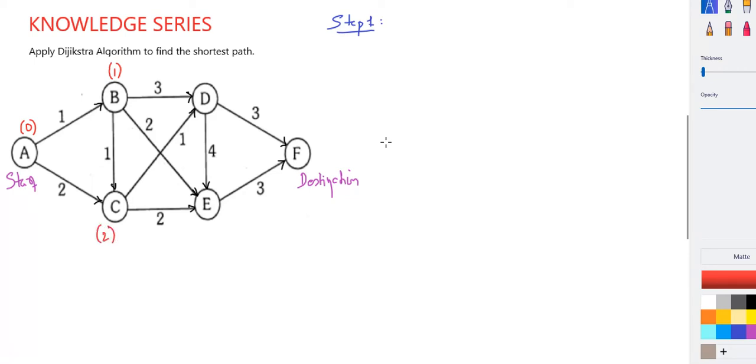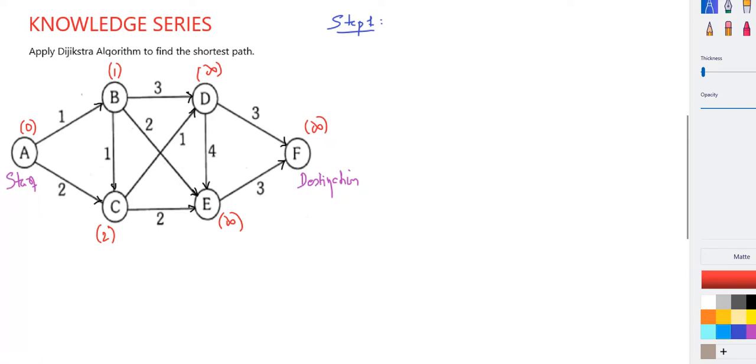These 2 arrows are emerging out, and these are adjacent neighboring nodes, and thereby it's a direct path. But the rest of the nodes are not direct, all are indirect, so that's why the weight is infinite. So we put it as infinite here.